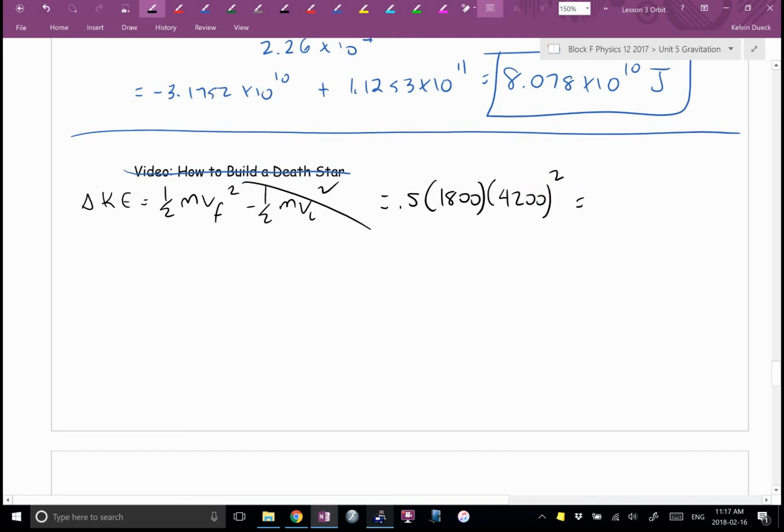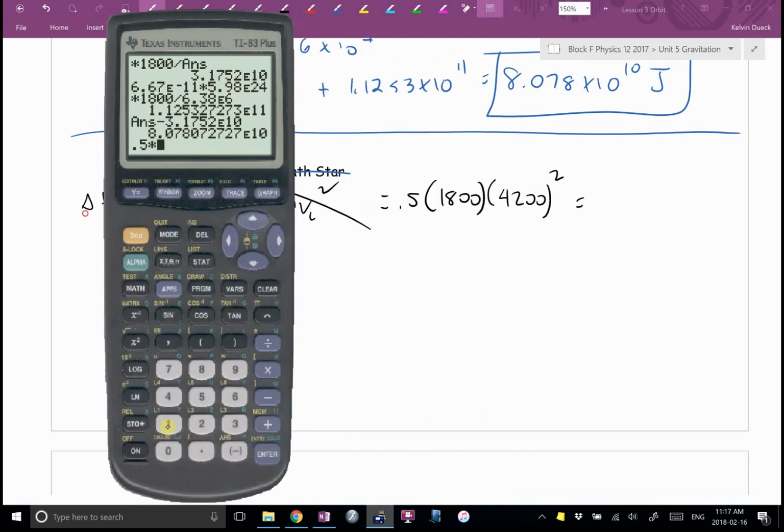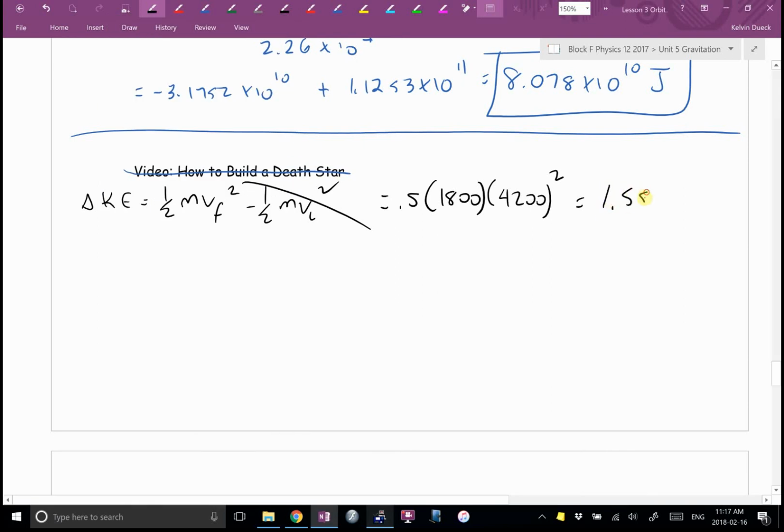Squared. And I get 1.5876 times 10 to the 10th. That's the change in kinetic.